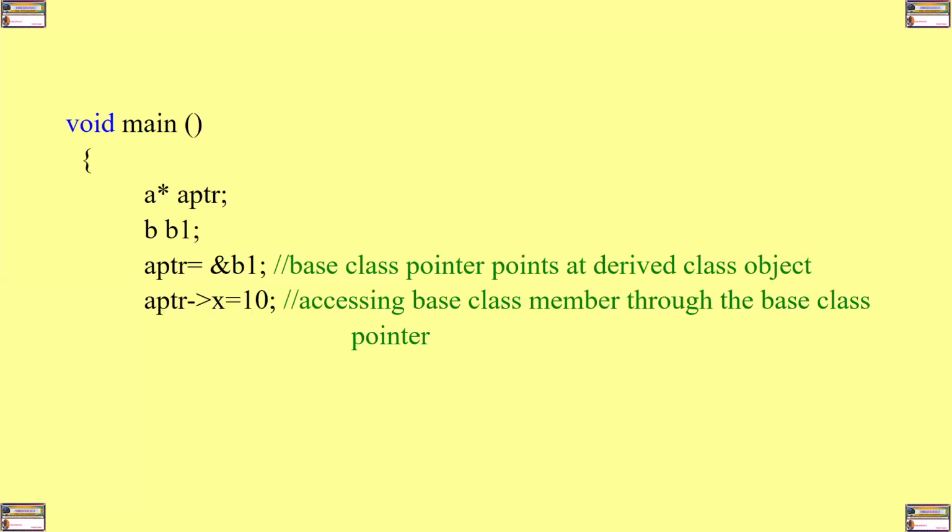Next, we are able to access a base class member through the base class pointer. This statement is accessing a base class member and assigning into it the value 10.